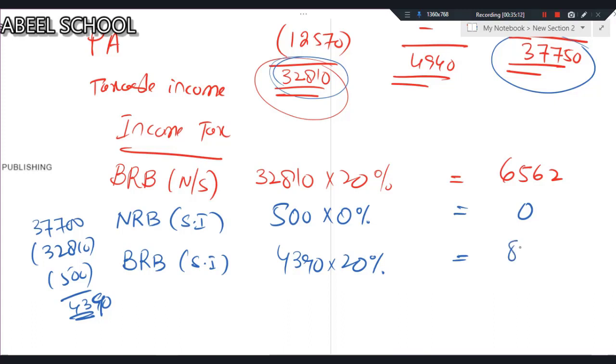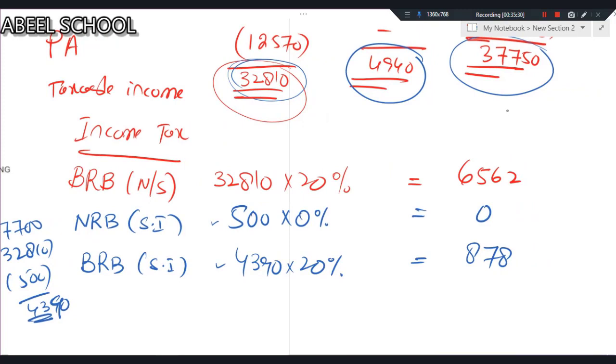I'm getting 878. Okay, now listen carefully. The saving income which we have to tax is 4,940. Out of this 4,940, 500 we have taxed in nil rate band and the remaining 4,390 in the basic rate band. Whatever is left falls in the higher rate band, which is going to be definitely 50. 4,940 minus 500 minus 4,390, so answer must be 50.